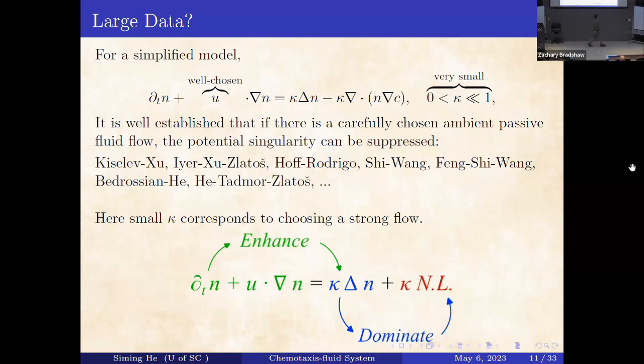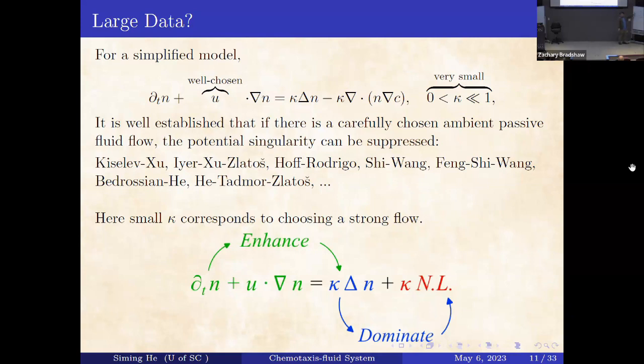First of all, the flow will be the shear flow. In particular, for this whole talk, I'm going to just use the Couette flow. It is the simplest non-trivial shear flow that you can imagine.